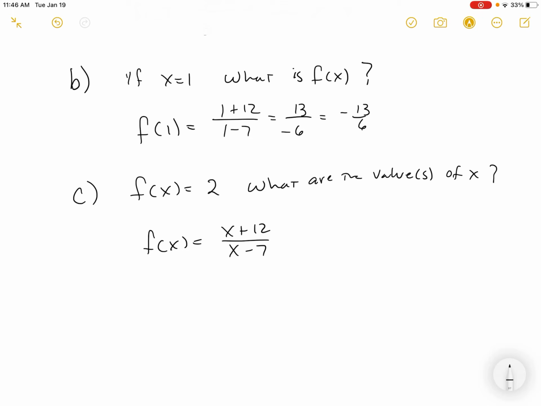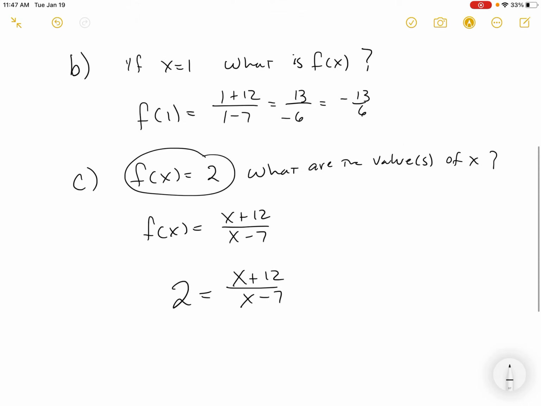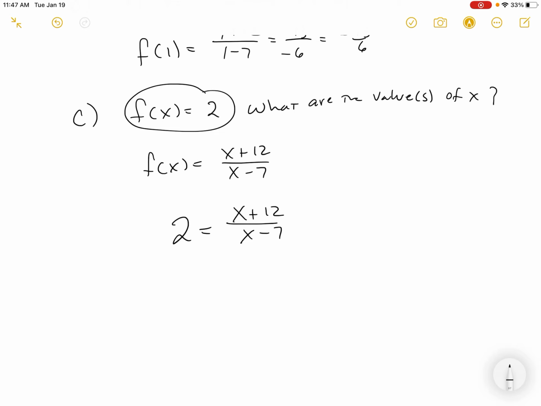So what are we going to do? Well, we're going to let f of x be 2. So essentially they're asking us to solve this equation, which we did back in beginning algebra and also reinforced in intermediate algebra. No problem. Multiply both sides by x minus 7. You'll get 2 times x minus 7 is equal to x plus 12, right? The x minus 7 on the right-hand side would cancel.